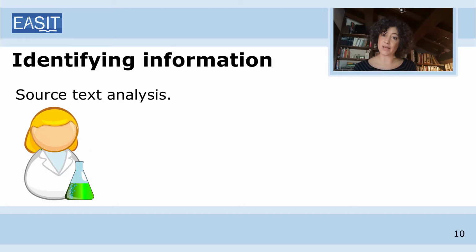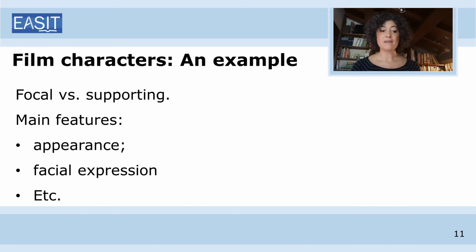How can an audio describer identify significant information in an audiovisual text? A thorough source text analysis should always precede the target text creation. If we focus on the characters in a film, for instance, we'll have to identify main and supporting characters and determine through what means they manifest themselves most. For instance, general appearance, facial expressions, actions, dialogues, so we'll know what to prioritize in the description.